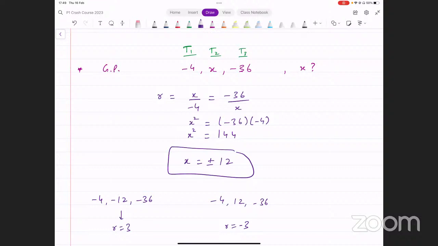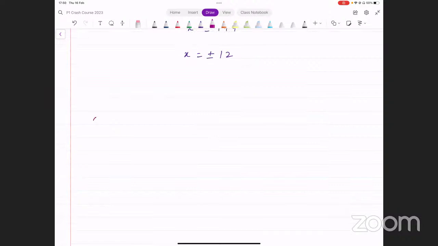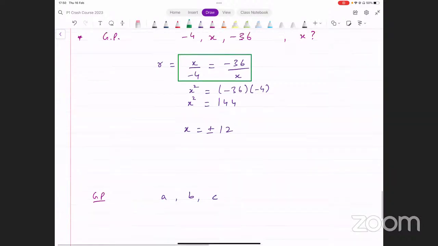Okay, so in general, if you have 3 consecutive terms of a GP given, let's say you have A, B, and C, remember what we did in this example, we said divide the second term by the first term, and then the third by the second. They should both give you the ratio, hence they should be equal.